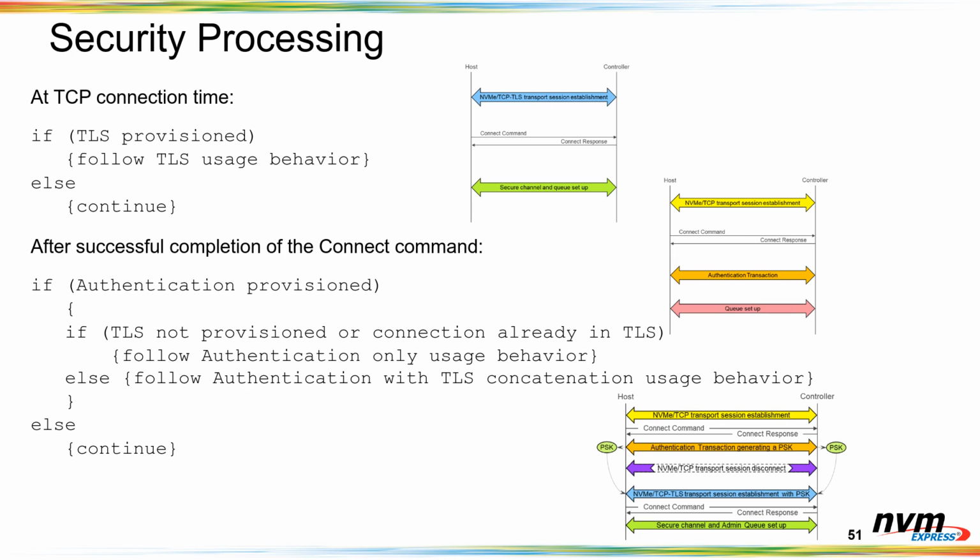If instead we have also TLS and we are able to do TLS concatenation, we follow the TLS concatenation configuration. That's basically what we have to do. And so in this way, we are able to select which of these mechanisms is being used.